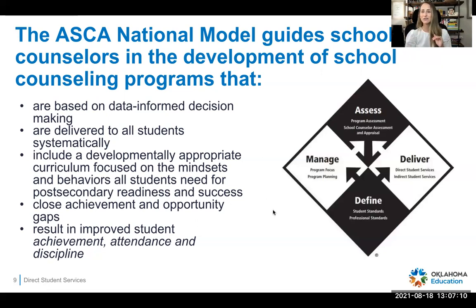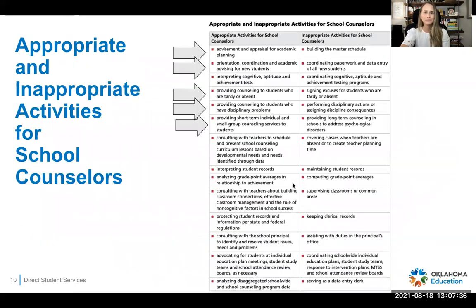It closes achievement and opportunity gaps, again, making sure that we are including all students and providing equitable services, which might mean more services to some who need it more. And then, of course, our hope is that that results in improved student achievement, attendance, and discipline. And I can guarantee that if we implement all these pieces, we will see those improved outcomes.